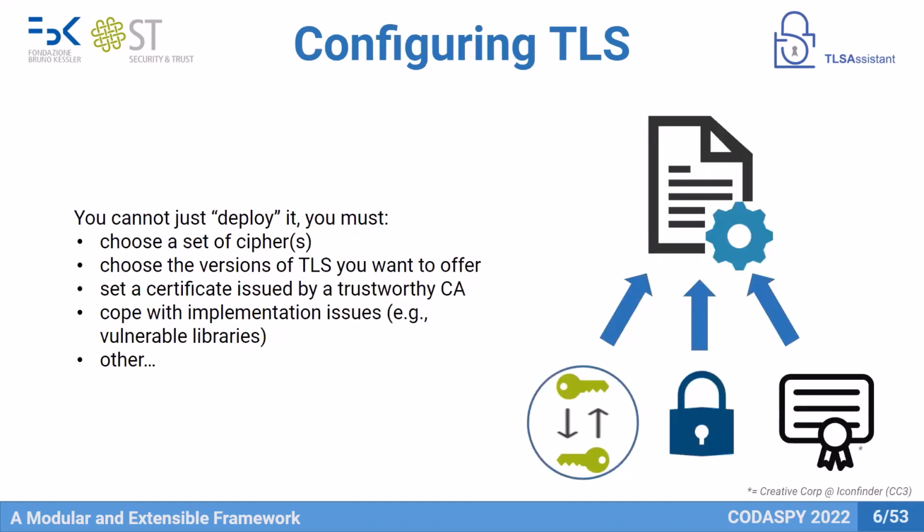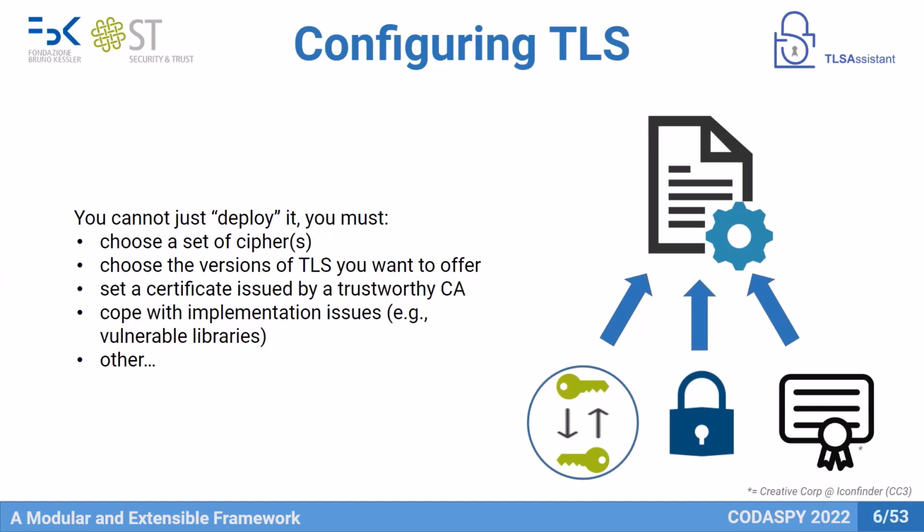Why is it possible to misconfigure TLS? Well, TLS is not a piece of software that you can install and have a default configuration. Being a protocol, you have to install the service, the program that handles it, which is called a web server, and then you have to configure it.